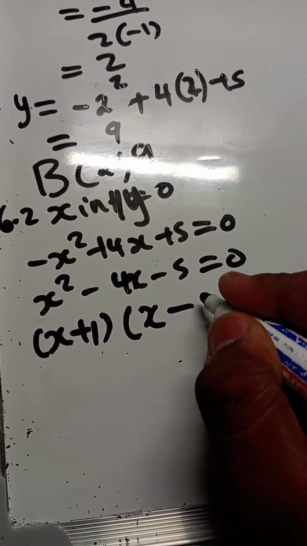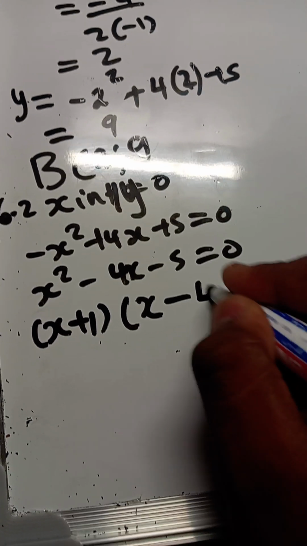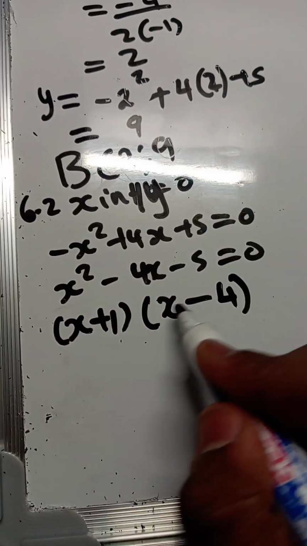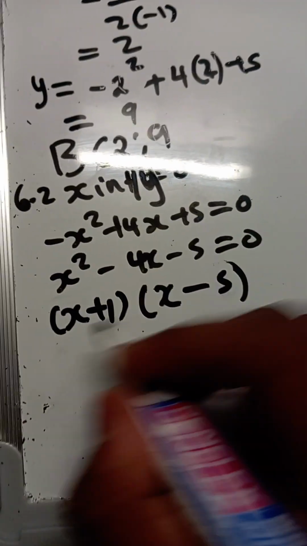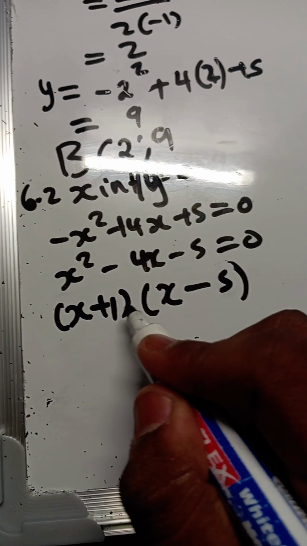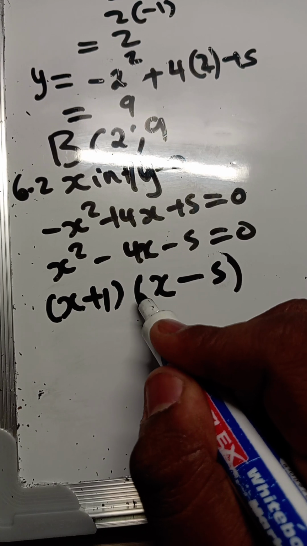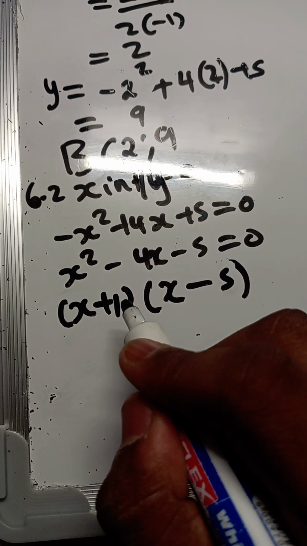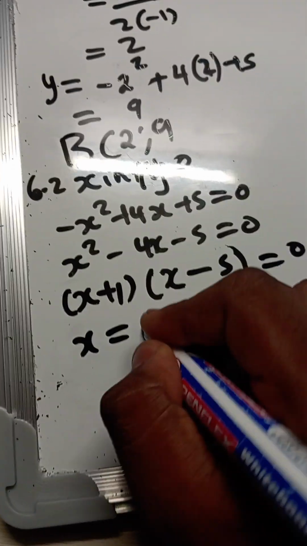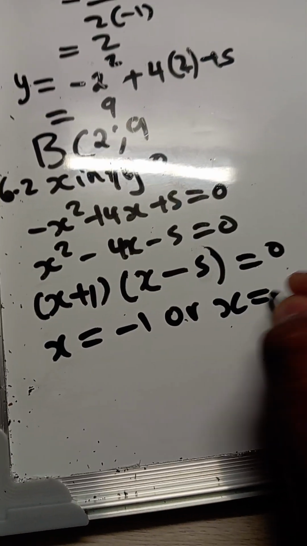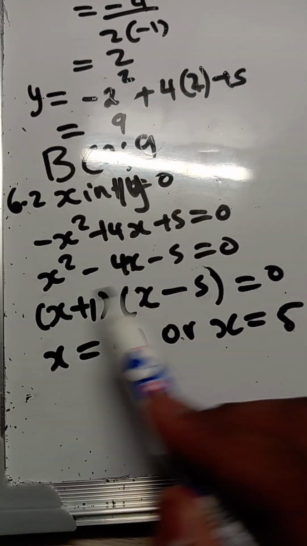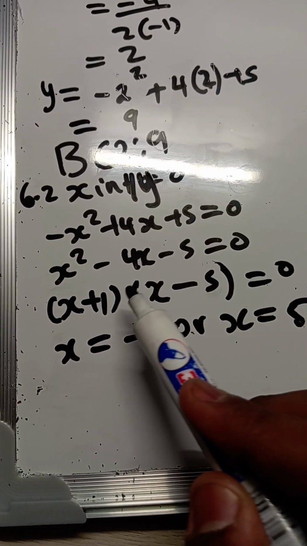The factor I'm going to take here is 5, so that you can factorize x squared minus 4x minus 5. So it is (x plus 1)(x minus 5). Let's check: x times x is x squared, x times negative 5 is negative 5x, x times 1 is x.